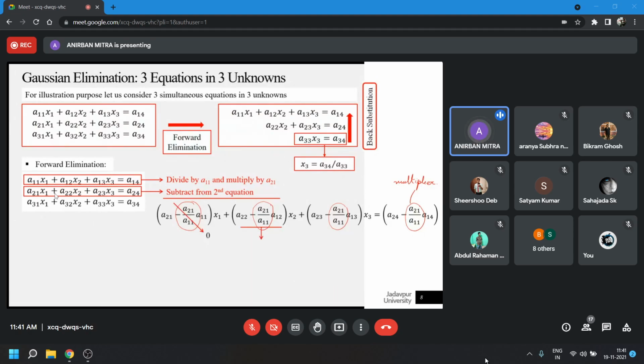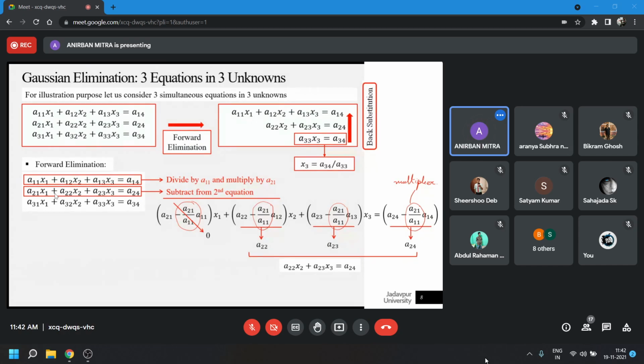And we can store the others like this in the same variable. Let's see. So the equation now becomes a22x2 plus a23x3 equal to a24.